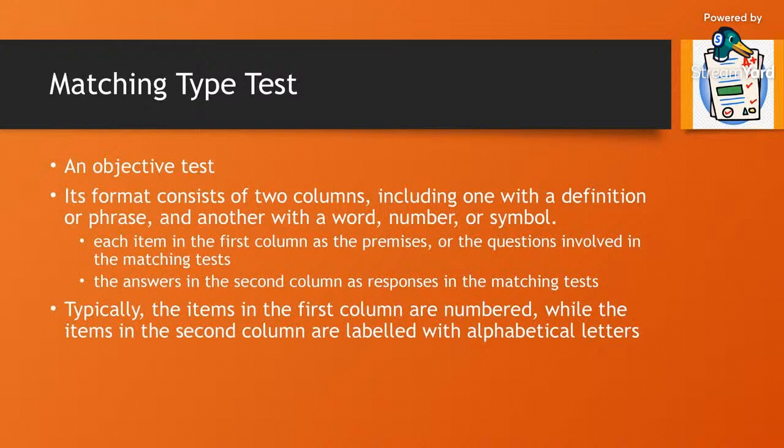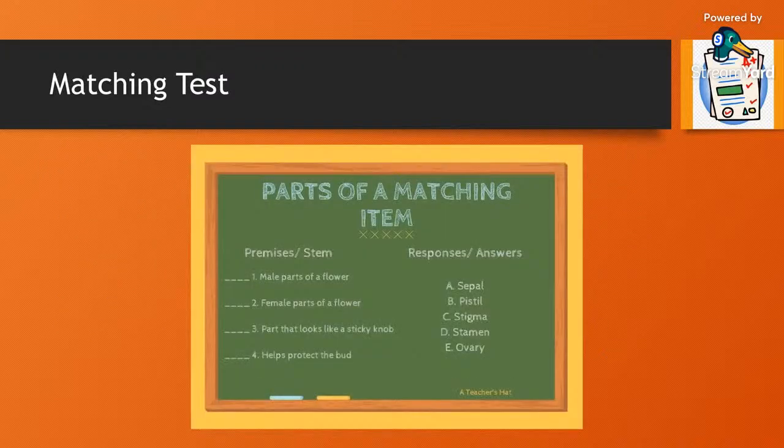Typically, the items in the first column are numbered, while the items in the second column are labeled with alphabetical letters. This is an example showing the parts of a matching test. We have here the premises or the stem, numbered here, and usually they are longer compared to the responses or the answers, which are represented here by letters.